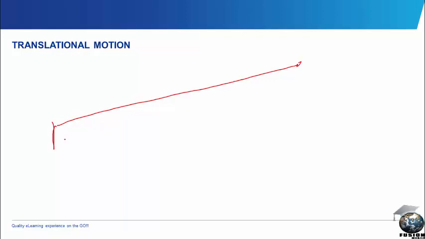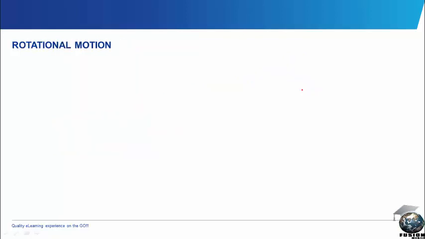Example: if this is point A and this is point B, and this body moves from point A to point B without rotation, and that body is a rigid body, something you can hold, not like water, not like gas, more like a solid, we consider that motion as a translational motion.